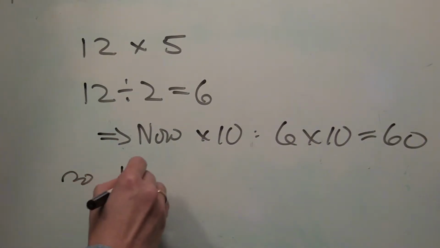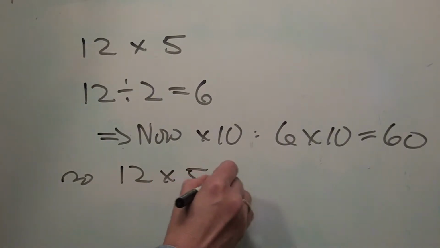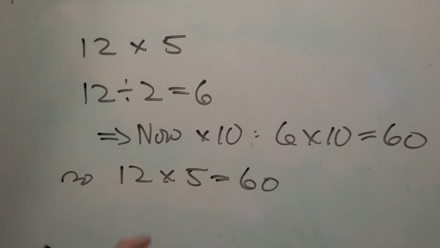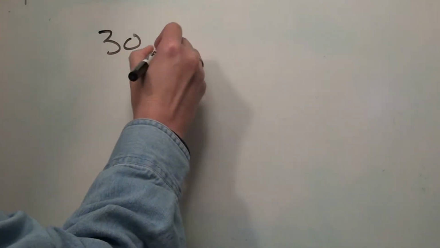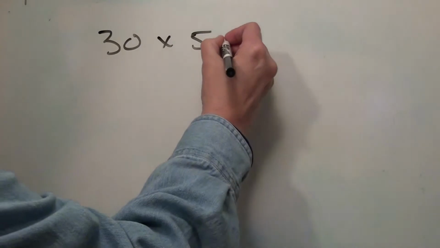So 12 times 5 equals 60. Half of 12 is 6, times 10 is 60. Very simple.